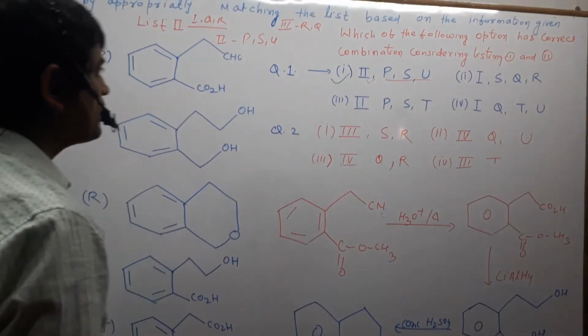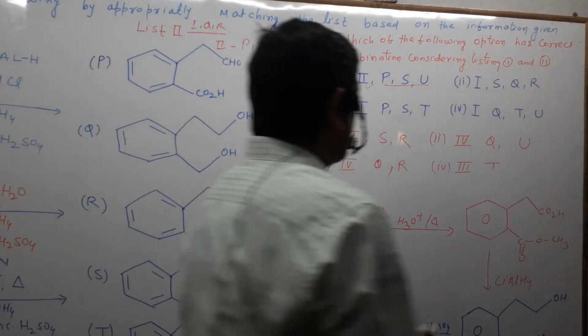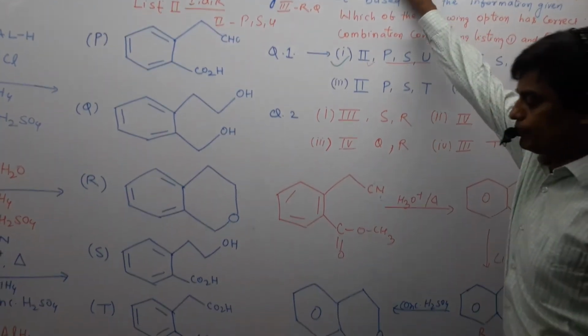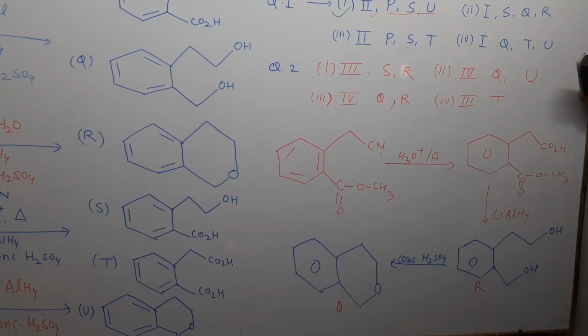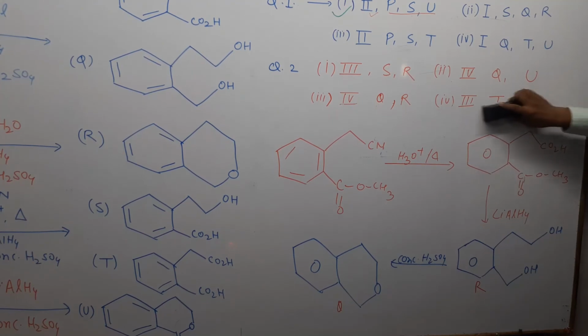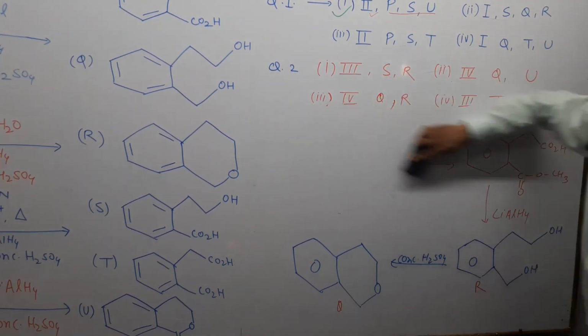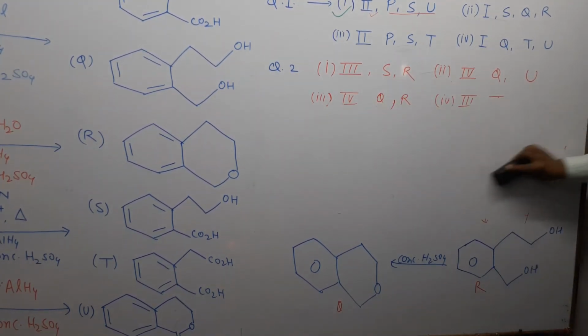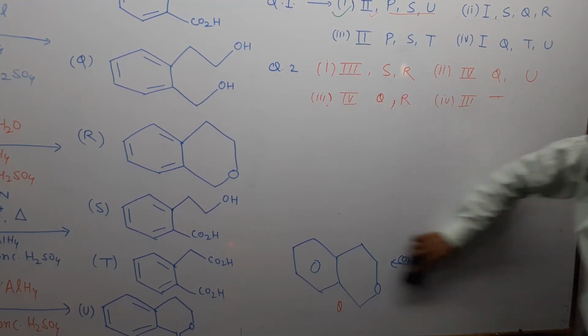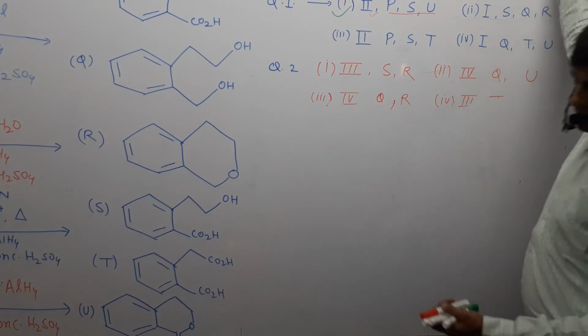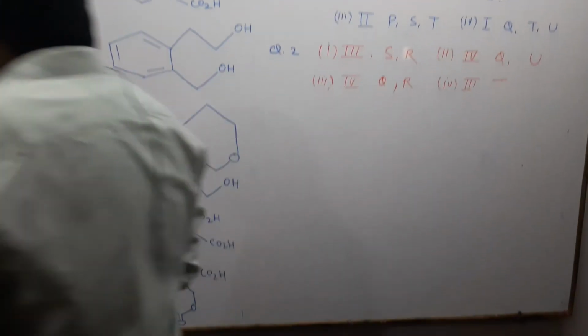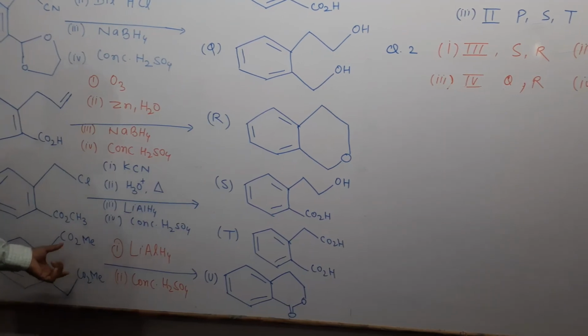Okay. Now let us see the fourth reaction. That means the fourth compound, the reaction of the fourth compound. So just pause and write down all these. So let us see question number four. In question number four, we have both ester groups.